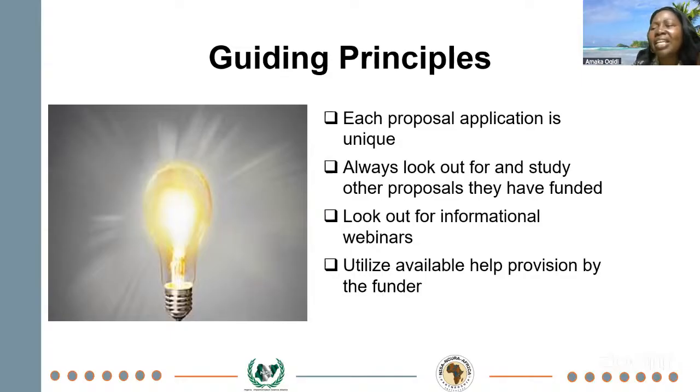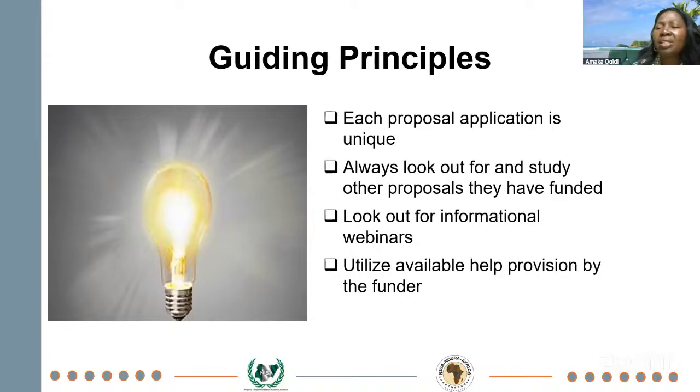When you attend, they try to throw light on any area they found out is shady, that people may begin to question the actual meaning of. So they take their time to throw light on those areas, and they give opportunity: if you are going to apply for this opportunity announcement, ask your questions. That's a very good opportunity that we like to utilize.